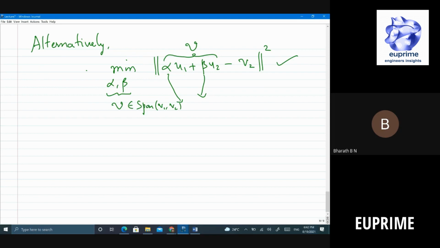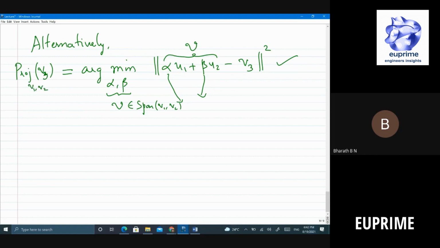It's equivalent. So if I find such a vector, so this argmin will give me the vector v that will minimize, right? So this is nothing but the projection of v2. I think this is v3, right? Sorry, I'll write this is v3. Projection of v3 onto span of v1 v2.